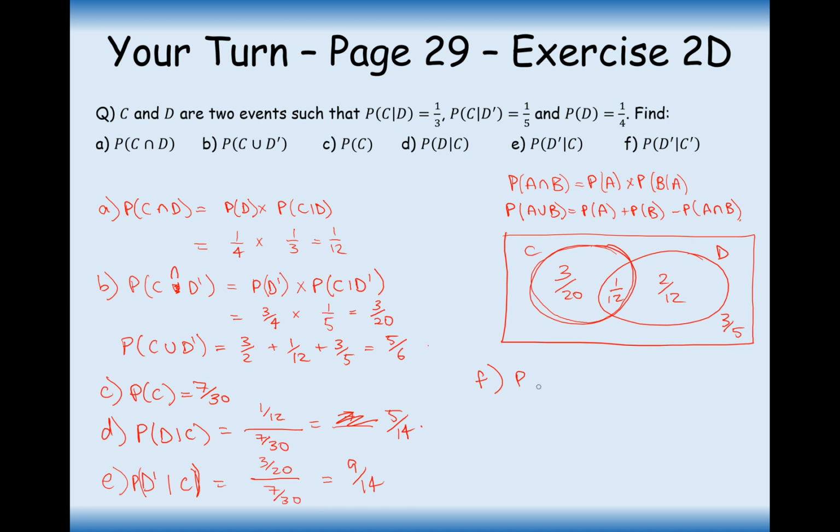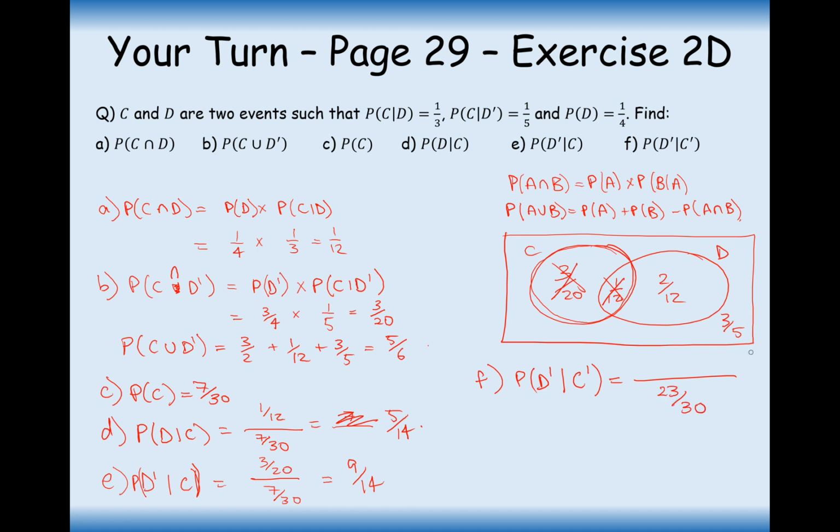And final question then, part F. Find the probability D is not true, given that C is not true. So if C is not true, then I cross off this one, cross off this one. So it's going to be the combination of these two things here, 2/12 plus 0.6, that's 23/30.